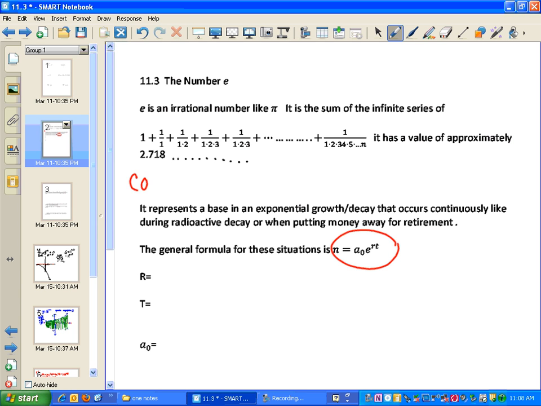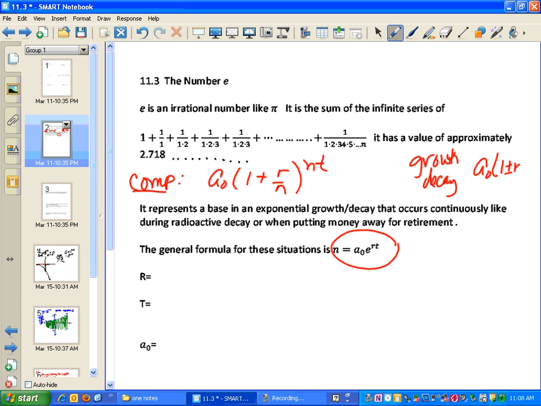If you see the word compound, it's going to be A sub naught times 1 plus r over n, to the nt. That's your compound formula. If you just see a growth or a decay, without any of those fancy words, it's simply A sub naught times 1 plus or minus r, to the t. A sub naught just means you're beginning at 0. That's what they call it.